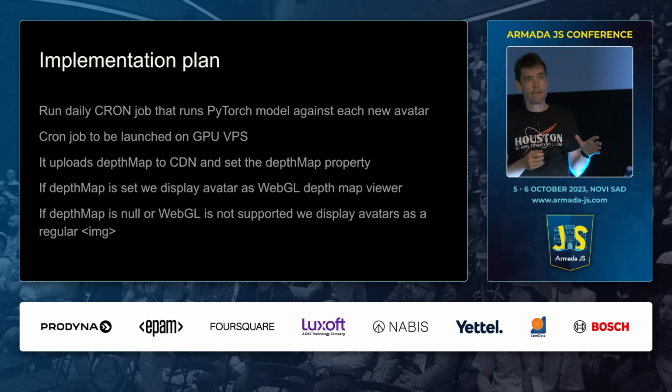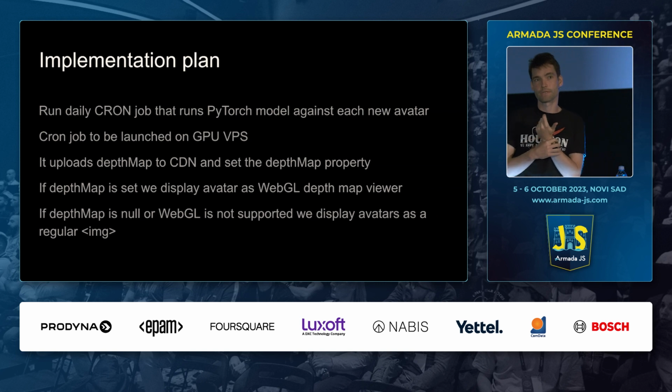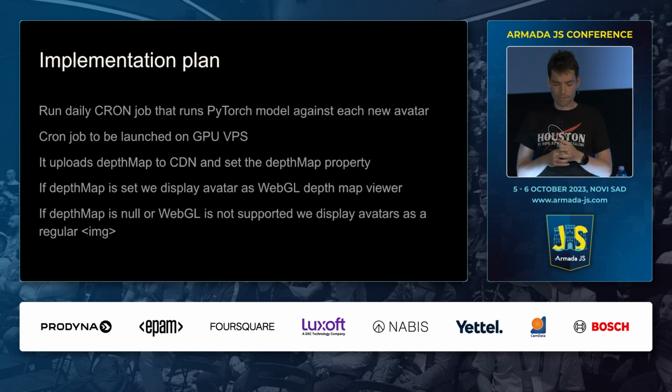On the front-end side, there should be a component that has graceful degradation in terms of if the depth map is not set or if WebGL is not supported, because this requires WebGL to be displayed. You can't display it with an image. It's something which is important to understand. Then we display just a regular image, so there is no issue with not having WebGL or not having a depth map.